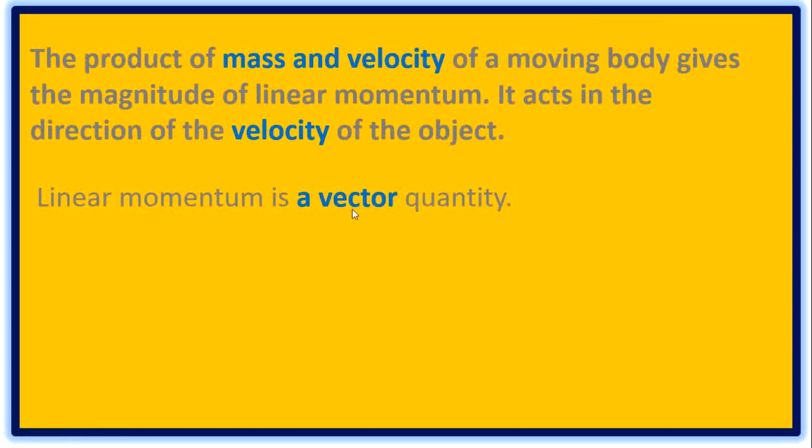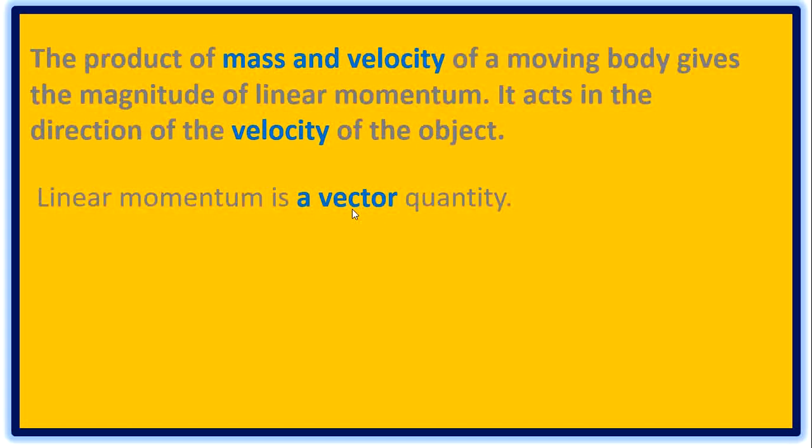If we have a small mass of an object and the velocity is also small, then the impact produced on a body is also small. So the impact depends upon the mass and velocity of an object. So we have to quantify this as linear momentum. If the mass and velocity combine together, then only linear momentum takes place.